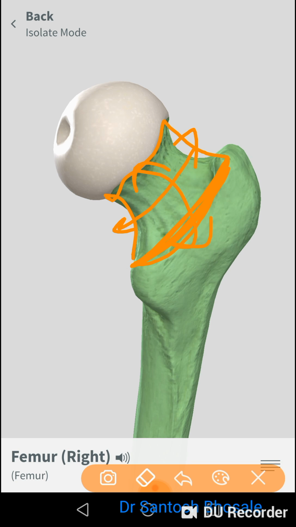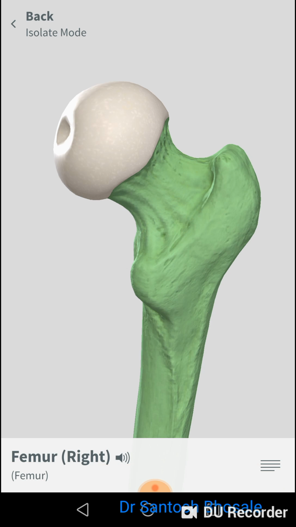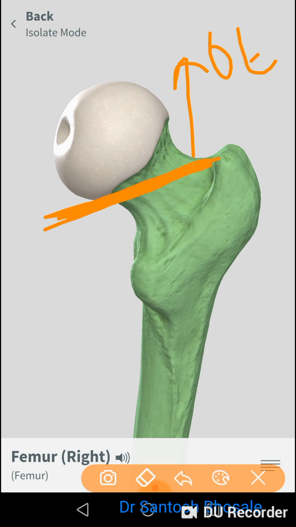This is the intertrochanteric crest of the femur, and the posterior surface is not completely intracapsular, only more than half of it is intracapsular. It is 1 centimeter medial to this intertrochanteric crest. It is covered by capsule, and this surface is crossed by the tendon of obturator externus, which goes and inserts into this trochanteric fossa. So the obturator externus will come here.